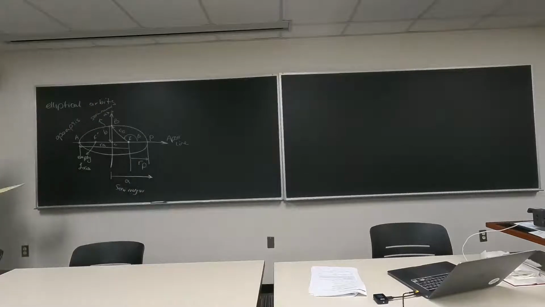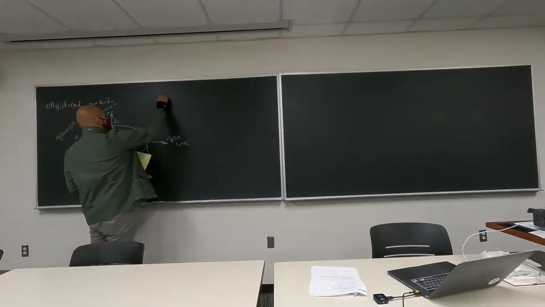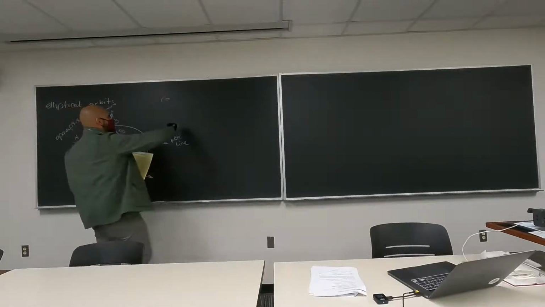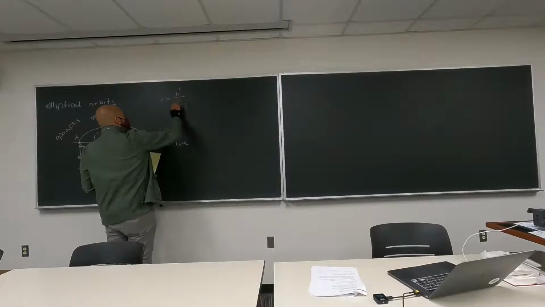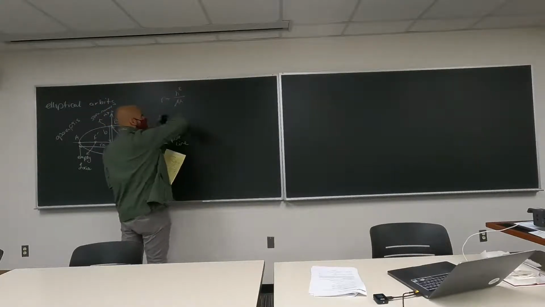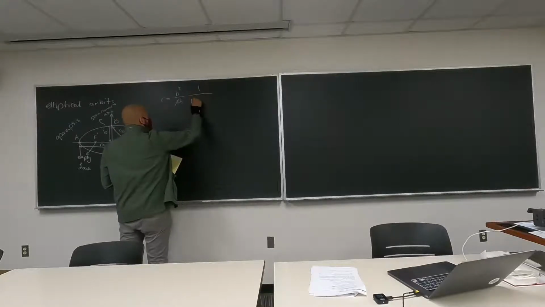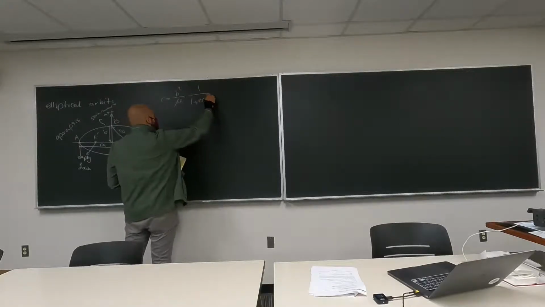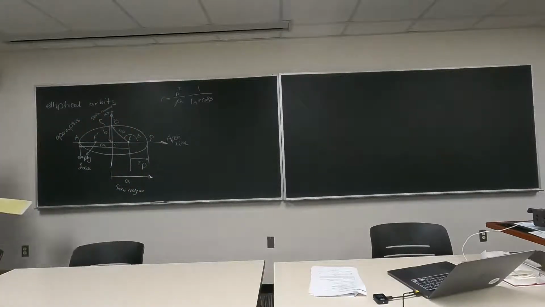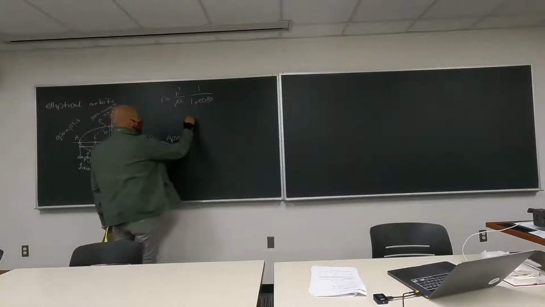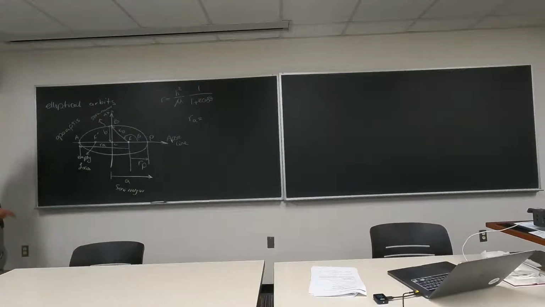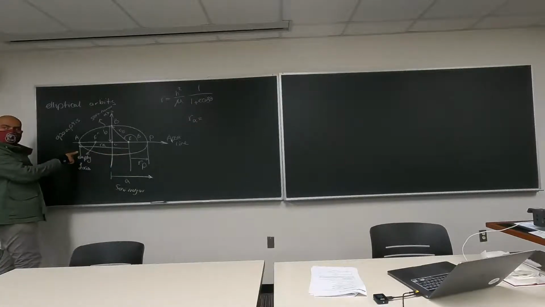And what was the orbit equation? Who can tell me from the top of their head? H squared divided by mu, what else? 1 plus e cosine of theta, right? This was the general orbit equation. So based on this orbit equation, how can we calculate R of A? What is theta here?